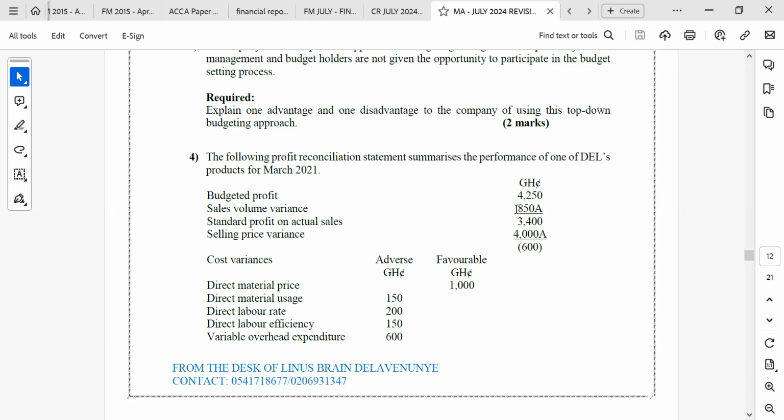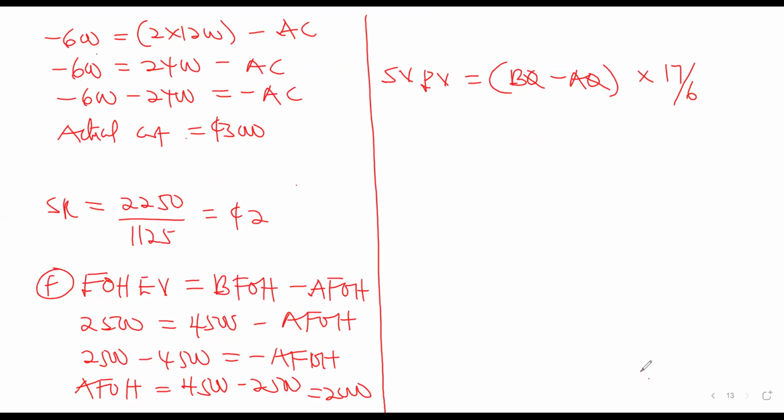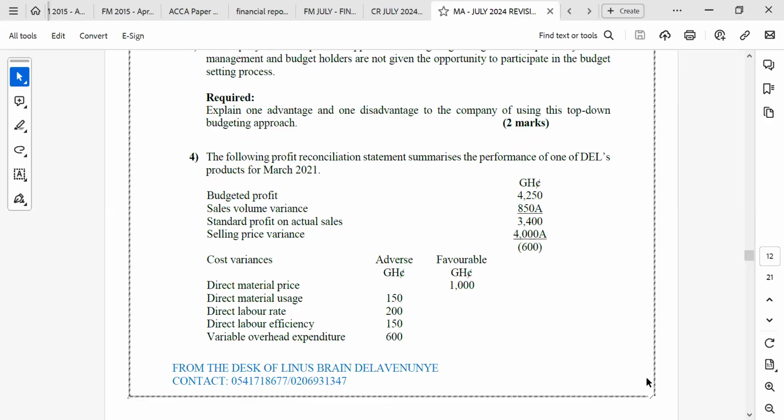Sales volume variance is 850. It is adverse, which means the budgeted is higher than the actual, because we are selling less than what we are budgeting. So the resultant will be positive 850.